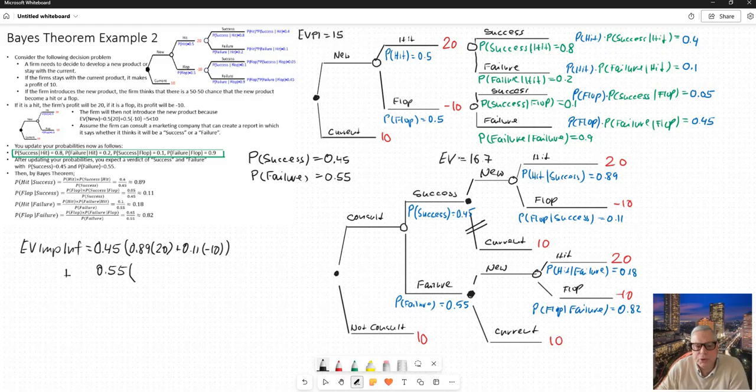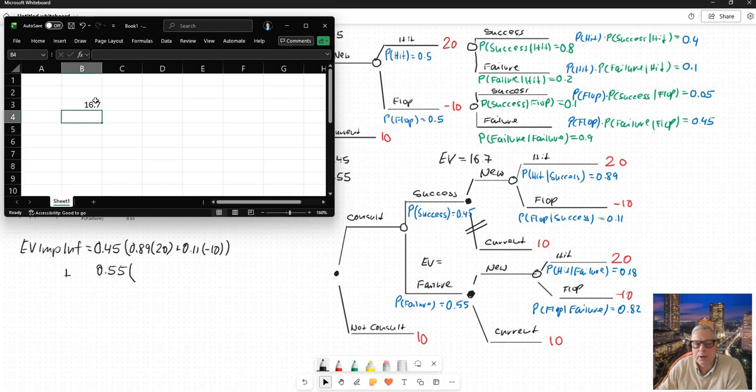Then if we introduced the new one, the expected value would be a profit of 20 with probability 0.18, but with a probability of 82% we make a loss of negative 10.